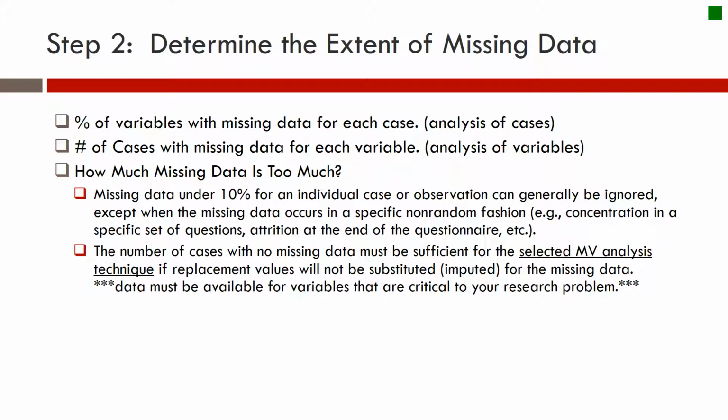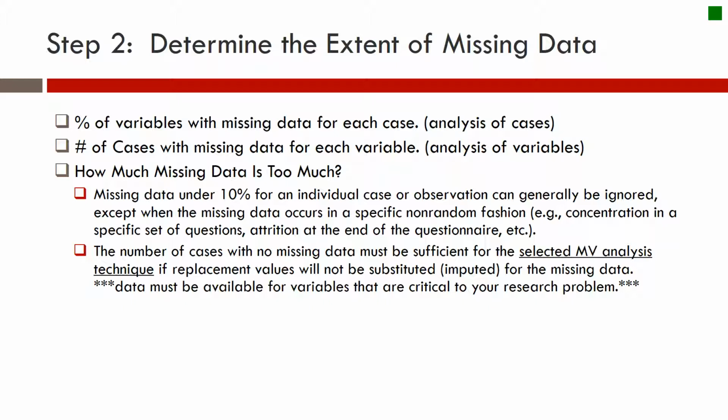Another way to look at it is to look at the number of respondents by variable. If we look at one variable and we see that a lot of the respondents didn't answer that question, then it may be something we want to be concerned about. One of these questions might be gender. If we ask the respondents what their gender is, you can expect that upwards of 20 or 30% of the people may not respond because they simply don't want to let you know this personal information.